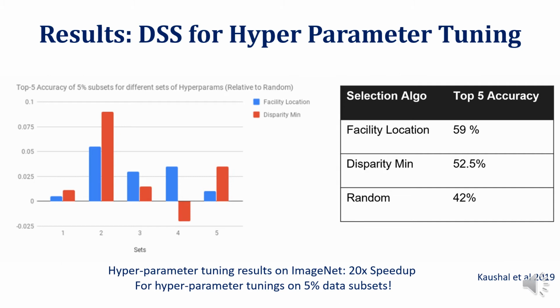We notice that facility location generally has positive gain compared to random, and except for one of the hyperparameters, disparity min also beats random. We observe that hyperparameters chosen by facility location obtain the best result, which is a 10.5% improvement in the top 5 accuracy compared to the hyperparameters chosen by the random set.